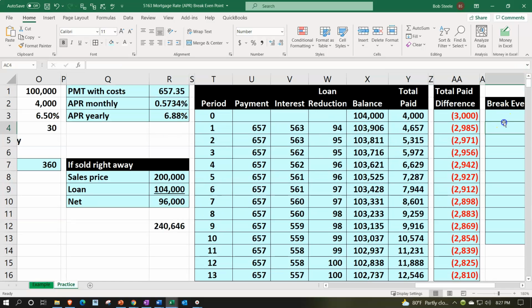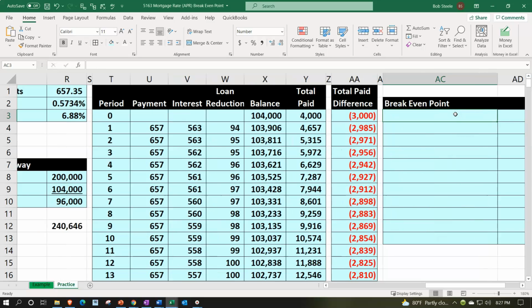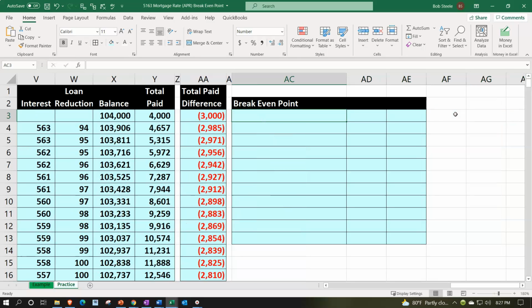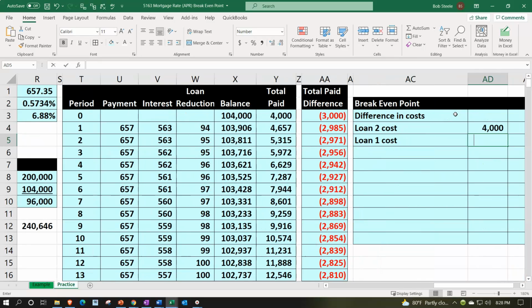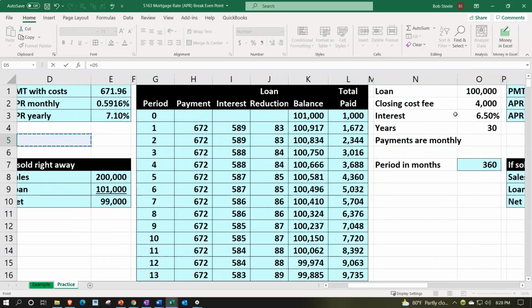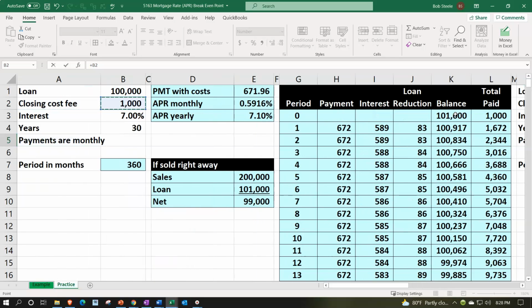So the other way you can do this calculation, just in terms of a mathematical calculation, is we could say, okay, let's just do the math on the break even and think about it. Let's look at the difference in costs. If I look at loan 2 cost versus loan 1 cost, loan 2 is charging us $4,000 versus loan 1, which charged us the $1,000.